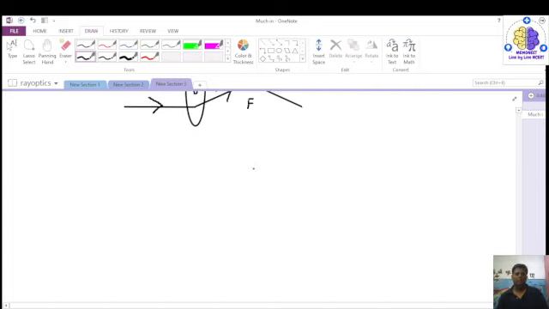Now the second case is when the object is placed beyond 2f. What is 2f? It is a distance from the optical center which is twice the focal length, right?